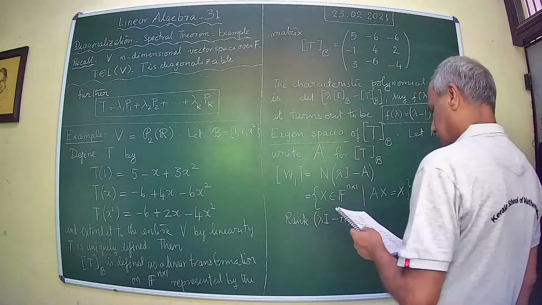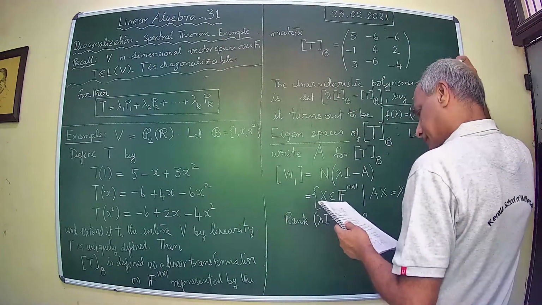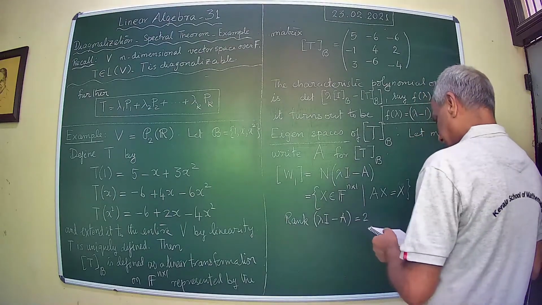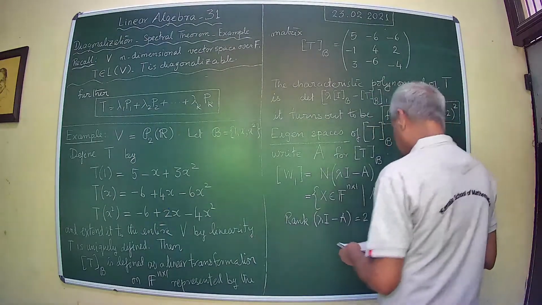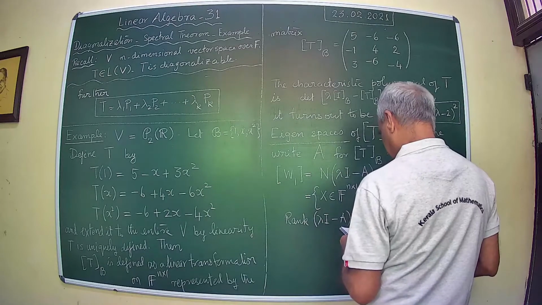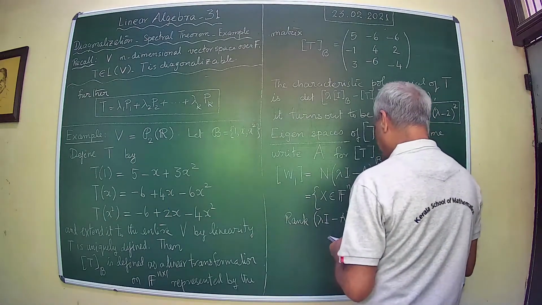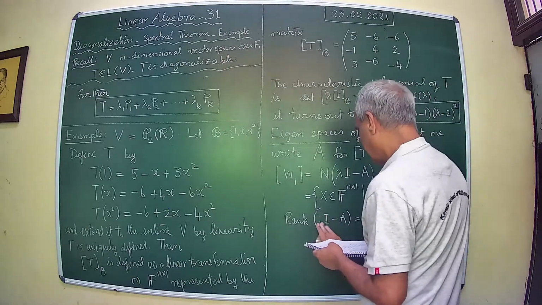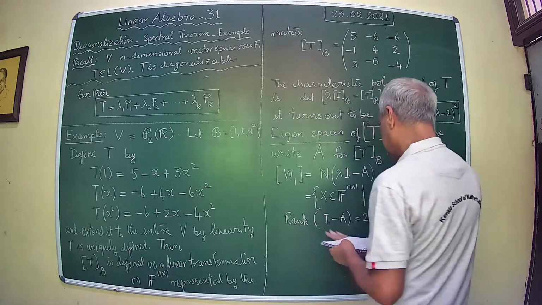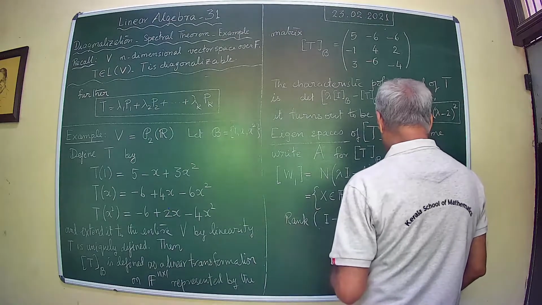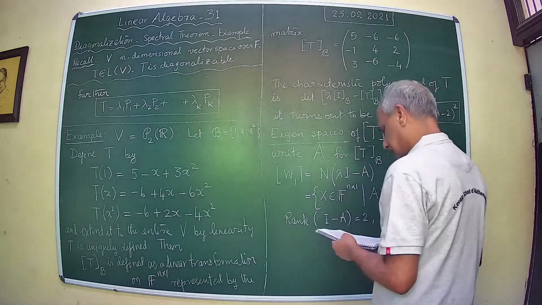Because let me write down what that matrix is. That is given by I minus A with lambda equal to 1. So see, I minus A is this.